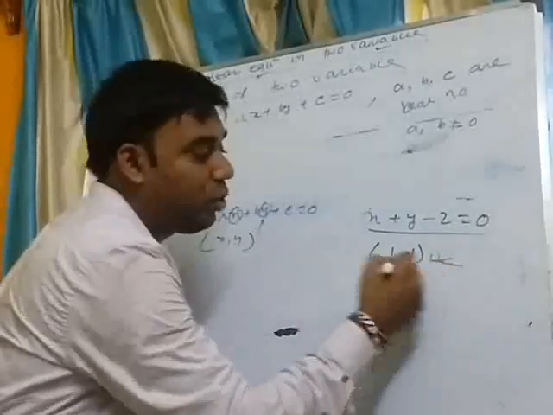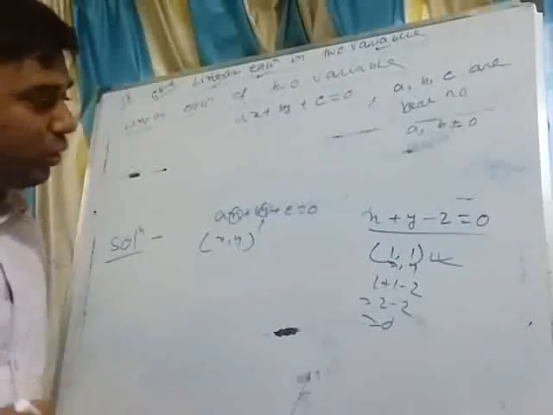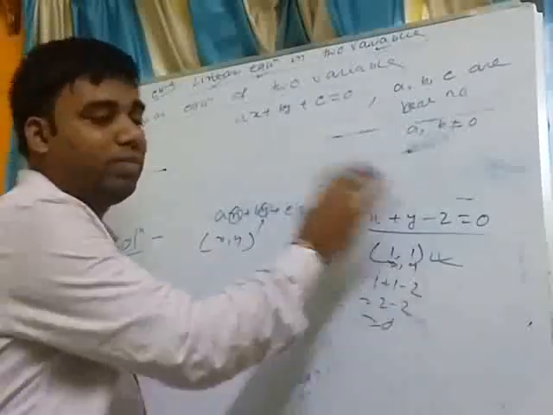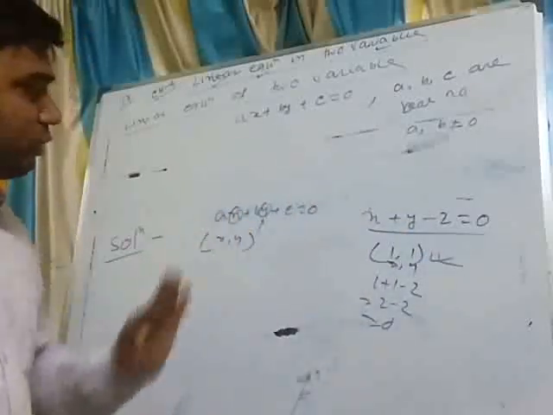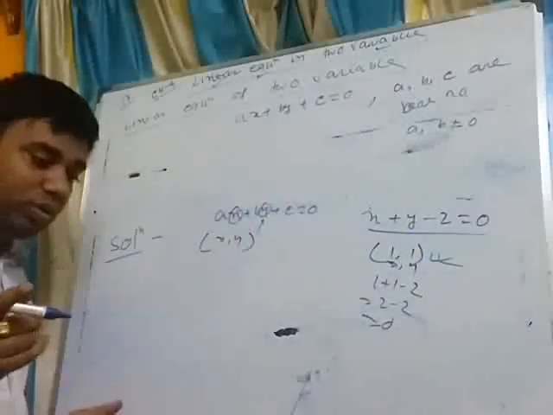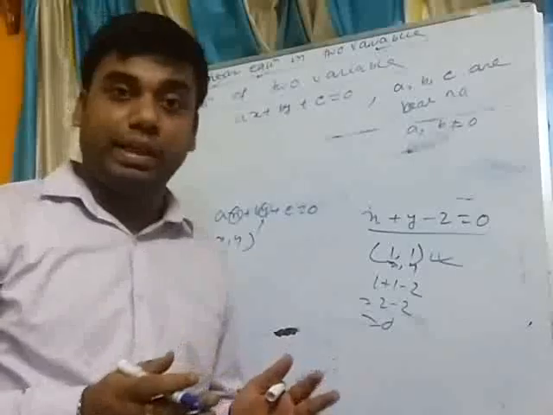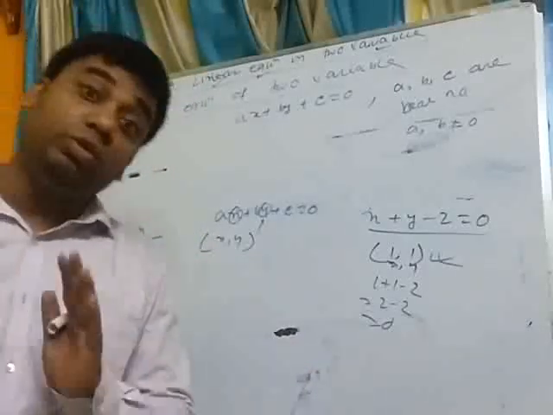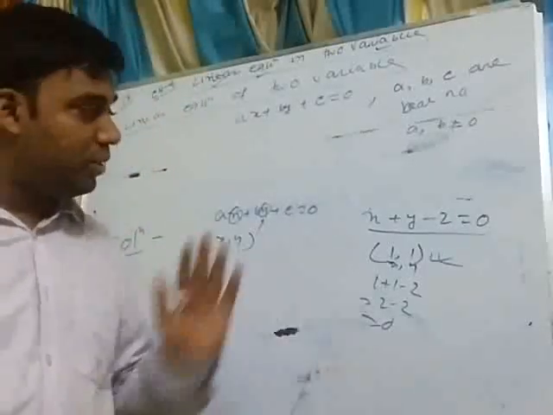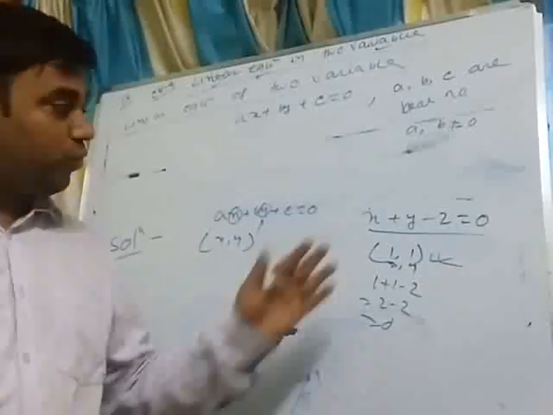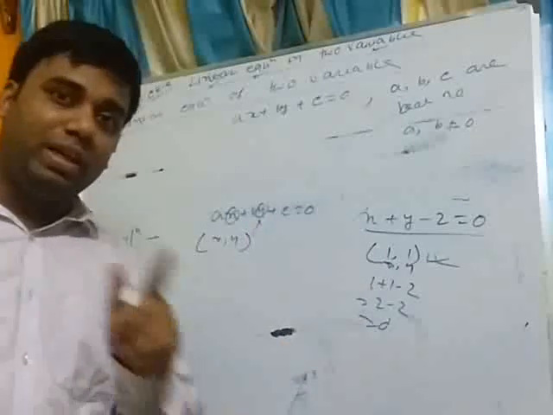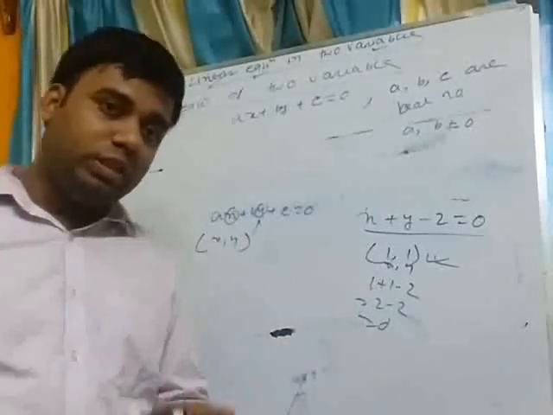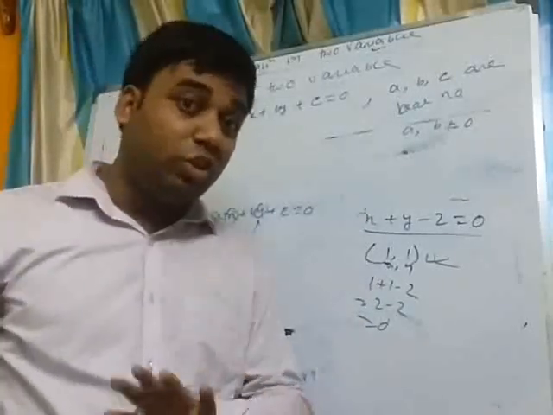So 1, 1 is the solution of the equation x plus y minus 2 equal to 0. Earlier I told you that a linear equation in one variable has a unique solution. But this is not true for a linear equation in two variables. A linear equation in one variable has a unique solution. A linear equation in two variables, the solution is not unique.